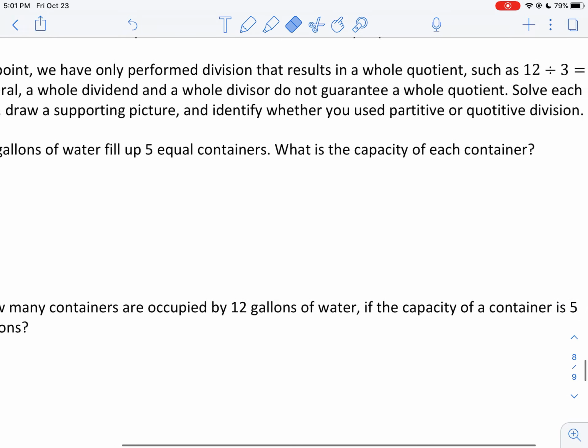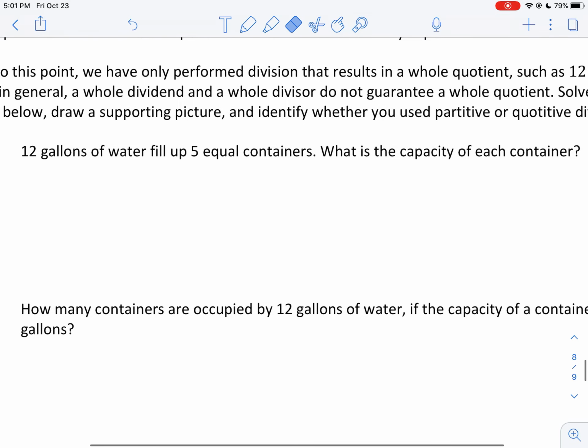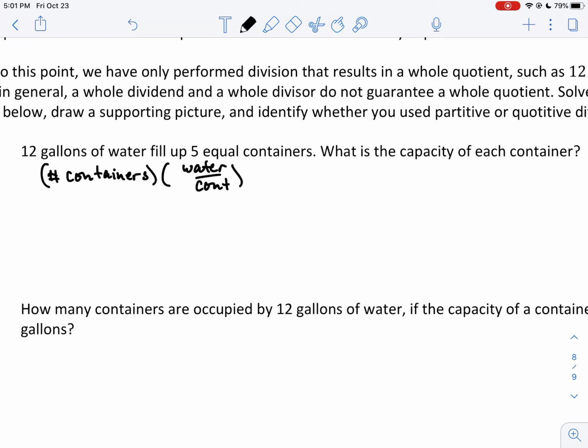Okay, 12 gallons of water fill up 5 equal containers. What is the capacity of each container? Well, the multiplicative structure here would be number of containers times the amount per container, so the water per container, gives you the total water.